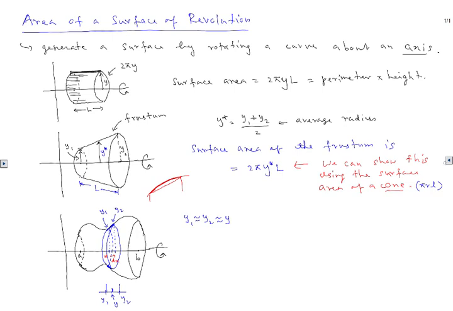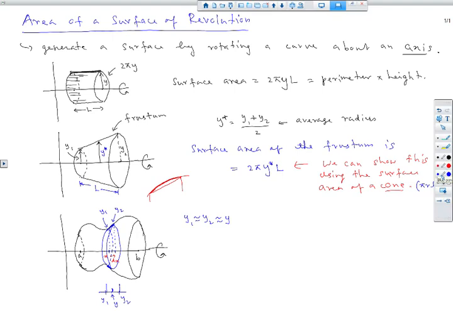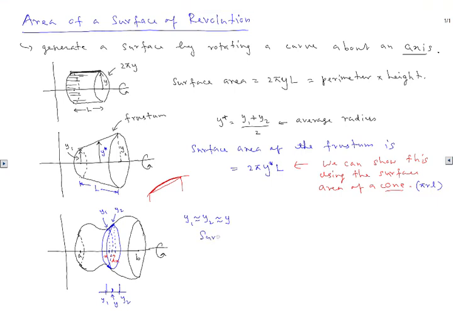That means the surface area of the element, this small part that we normally call the element, is what you can do.